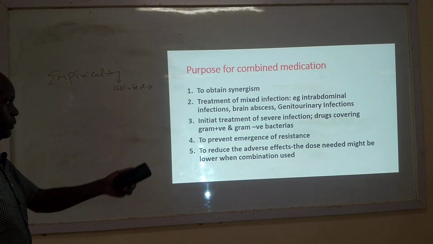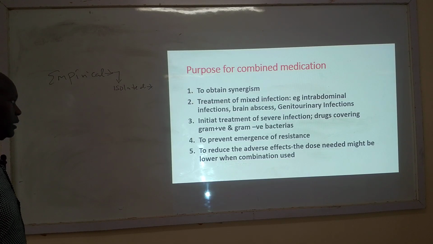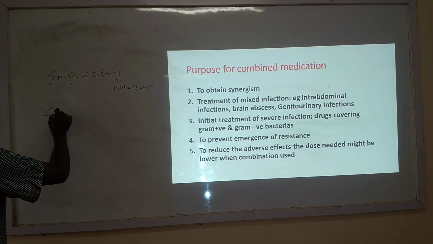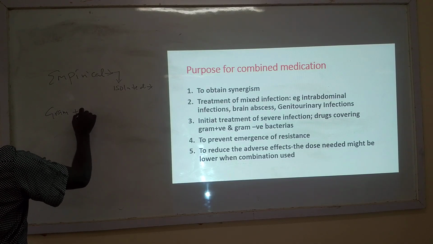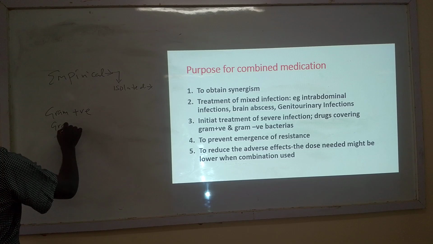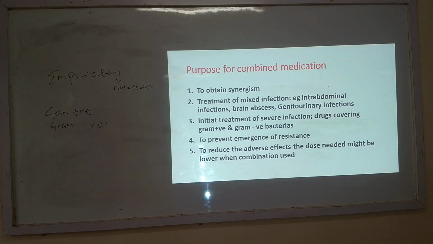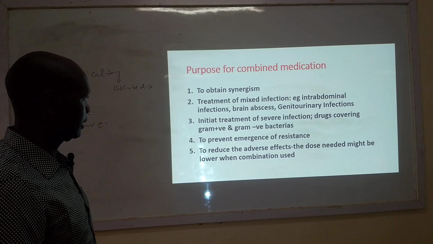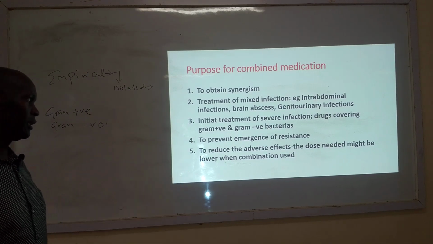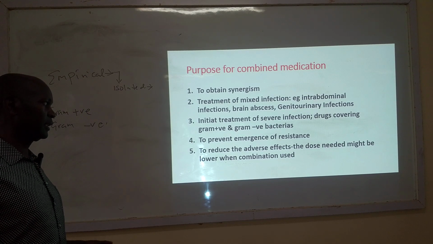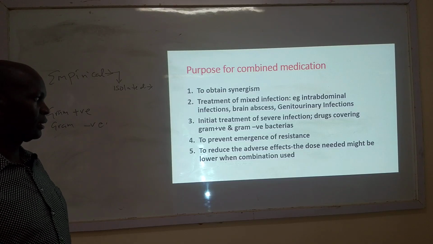So you can use combined therapy to cover for both gram-positive and gram-negative bacteria. Another possible scenario where you can use combined therapy is to prevent emergence of resistance, as we have said, and also to reduce adverse effects.